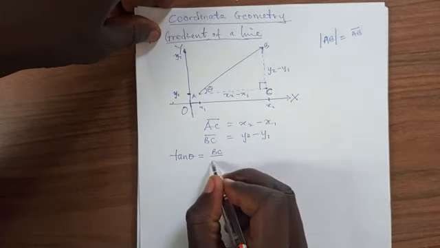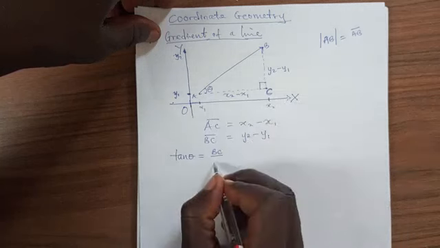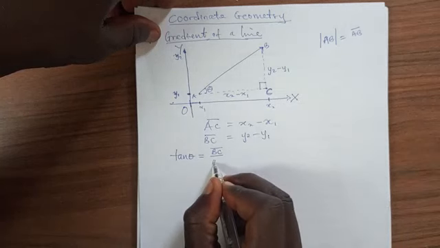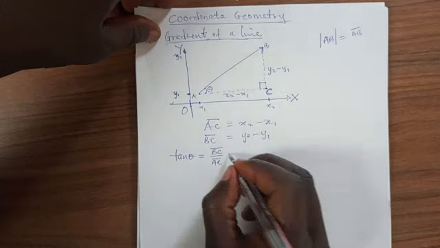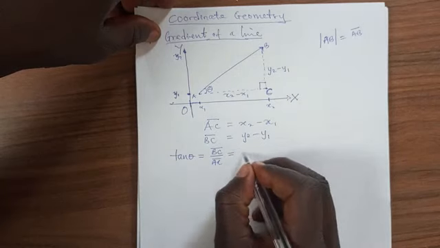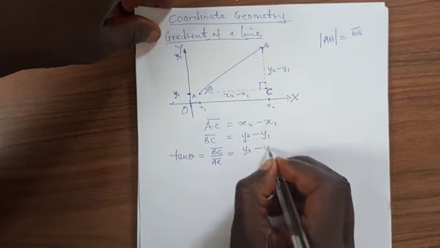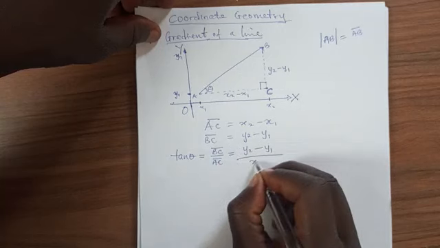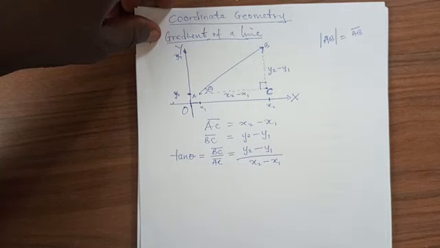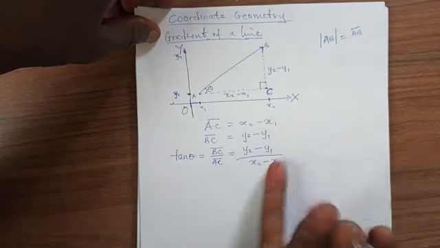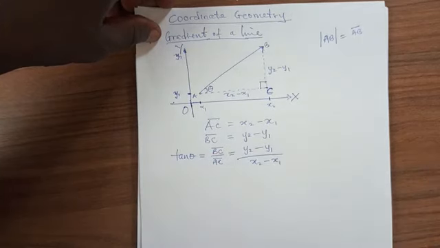Therefore, we say line BC over line AC, which is equal to y2 minus y1 over x2 minus x1, which is AC. So at this point, we define a tangent.